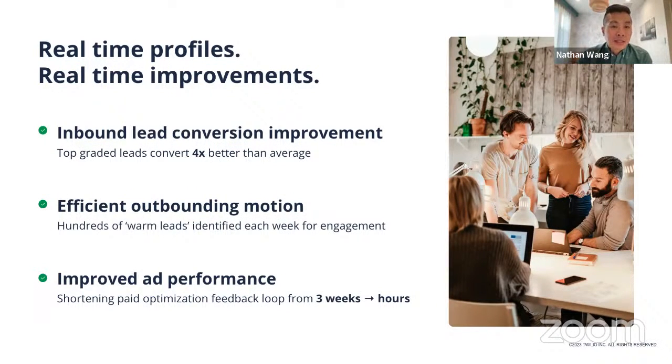But because the lead scoring model gives us a close to real-time understanding of the lead quality that our actual spend is bringing in, we're able to send this information back into our ad platforms through conversion APIs as offline data, with just a delay of a few hours. And this is done through a cool reverse ETL feature that our Segment product now has, enabling us to shorten a 3 to 4 week process to hours.